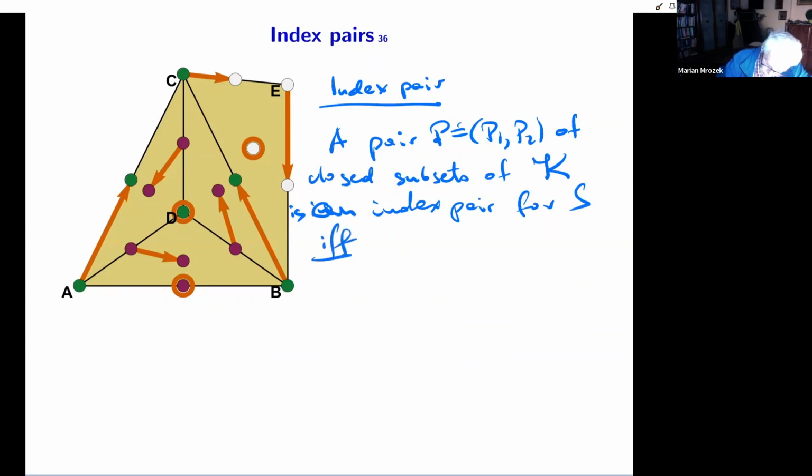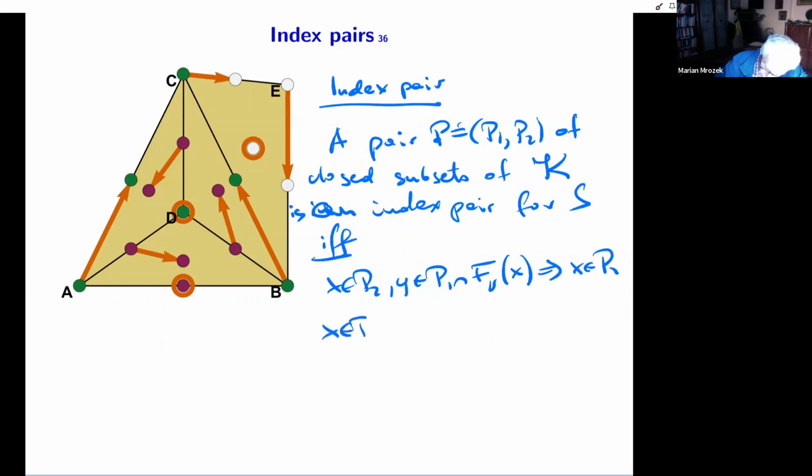If X is in P2 and Y is in P1, but also it's a target of an arrow, explicit or implicit, so belongs to this multivalued map FV of X, then X must be actually in P2. So this is a kind of the analog of the exit set, but it's now thicker.